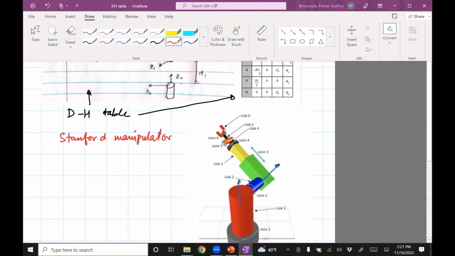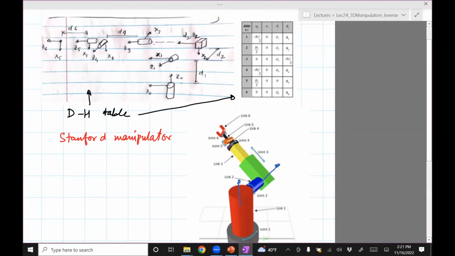Okay, and then the question is, first, compute position, orientation of the end effector.